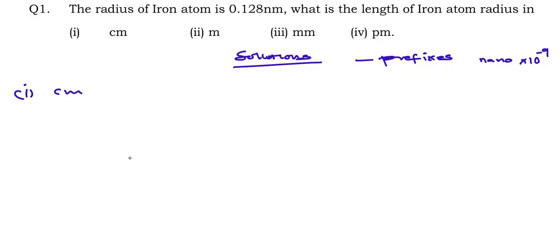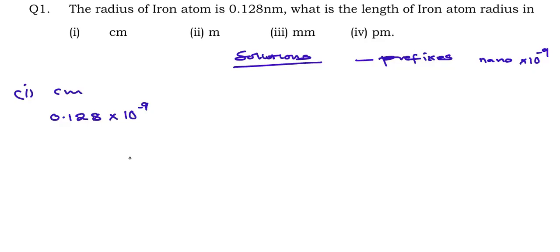So what we are going to do is this. We are first going to convert into meters, because we can't convert directly to centimeters. So we say 0.128 multiplied by 10 to the power -9.